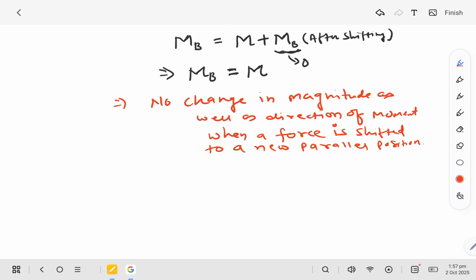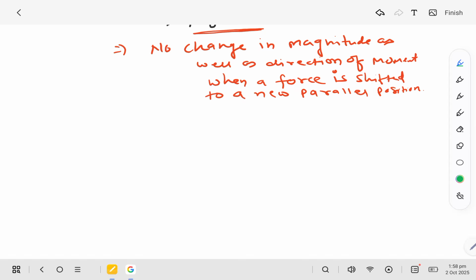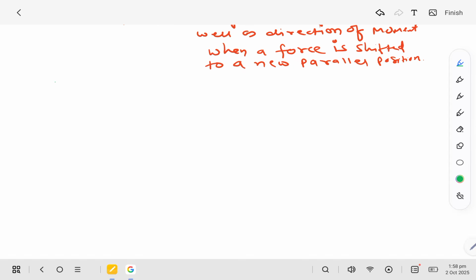So now let's prove this statement: we can transfer a force acting on any rigid body at a given point to a new position with a force and a moment of couple. Let's consider a simple example.